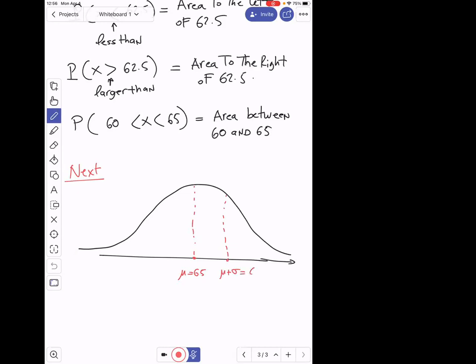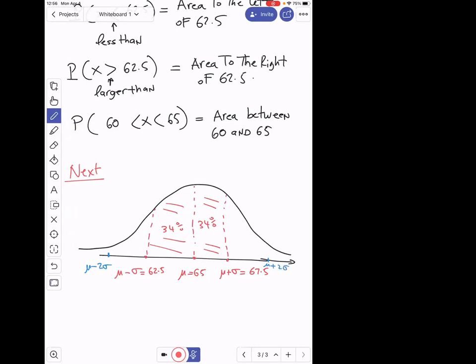This is mu minus sigma, mean minus standard deviation, 62.5, etc. And we know this is 34%, and this is also 34%, etc. Next we have mean minus 2 sigma, and here mean plus 2 sigma, etc.